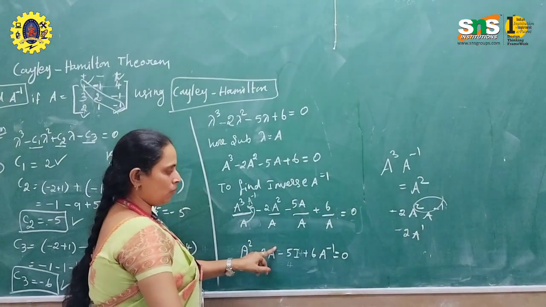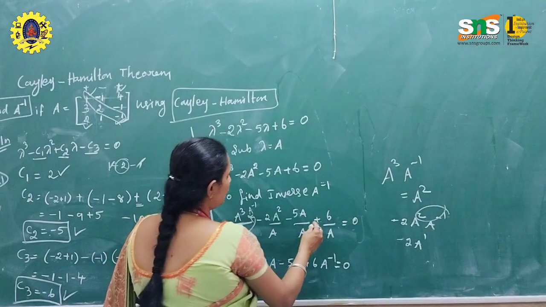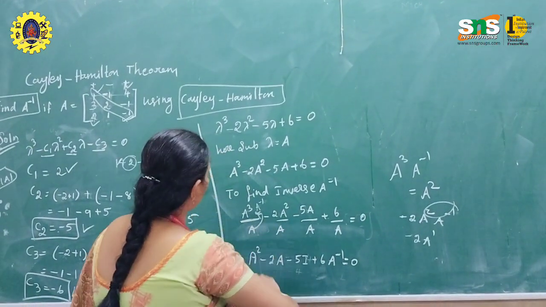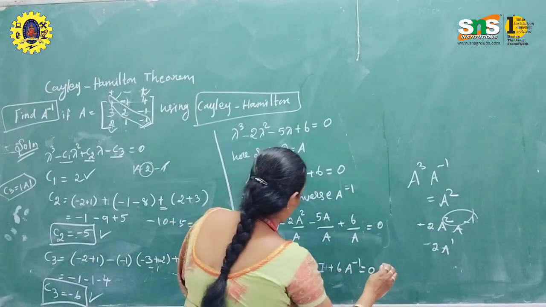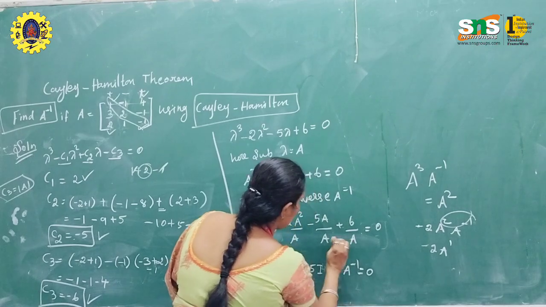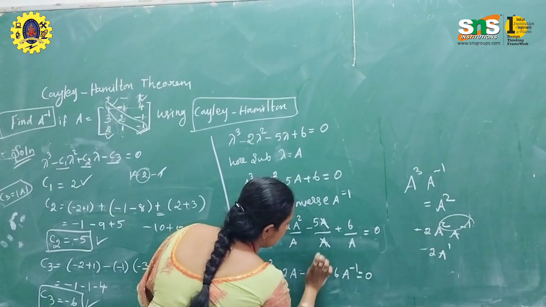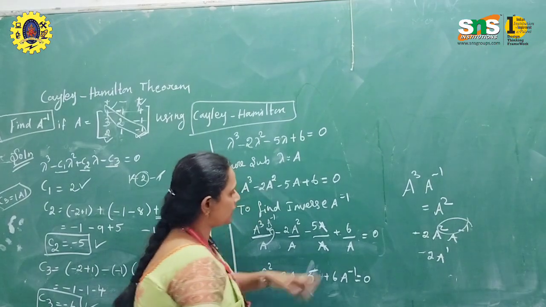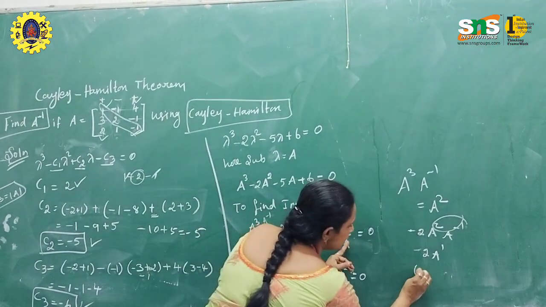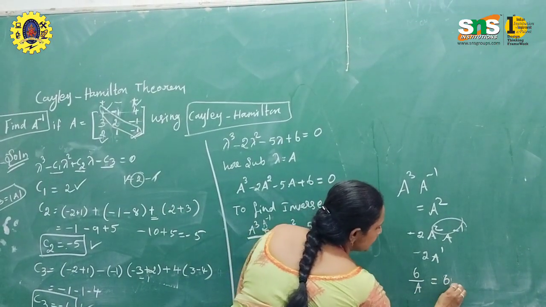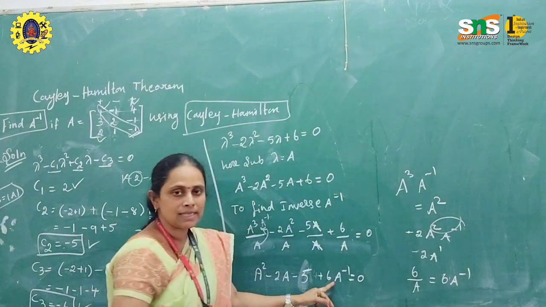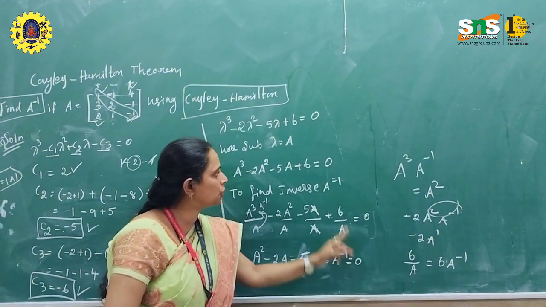Here the A cancels, so the answer is 5. Next, 6 divided by A is replaced as 6A inverse. So this is 6A inverse equal to 0.